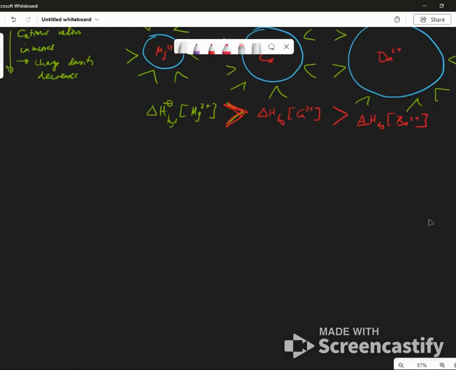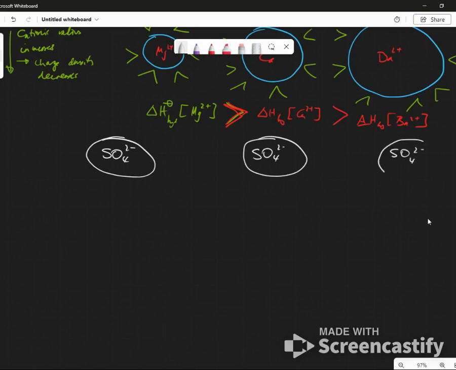The other concept we've got to understand. By the way, they're all sulfates. So if I hydrate one sulfate ion, it's exactly the same as hydrating a sulfate ion in calcium sulfate, and the same as hydrating a sulfate ion in barium sulfate. In other words, I can ignore the sulfate hydration because they're all the same.